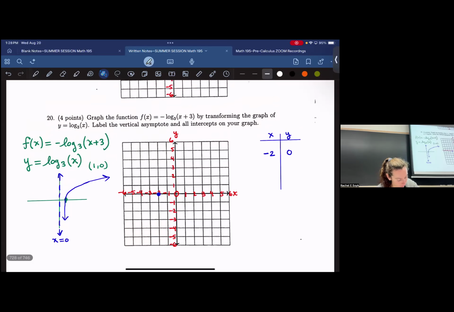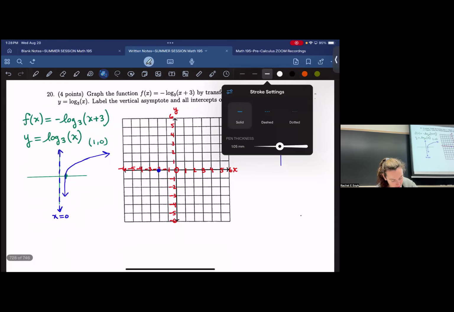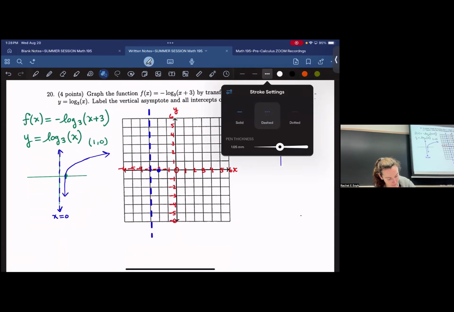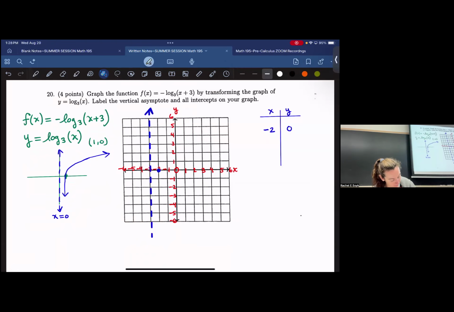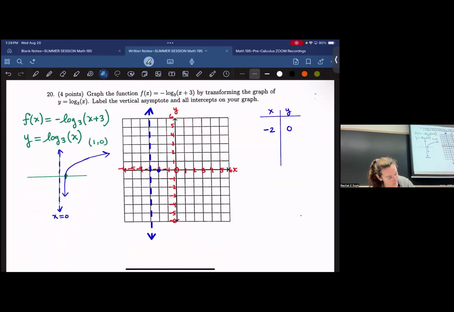So I'm gonna plot the vertical asymptote now. I'll do a dashed line once again for that. So we have our x is equal to -3.